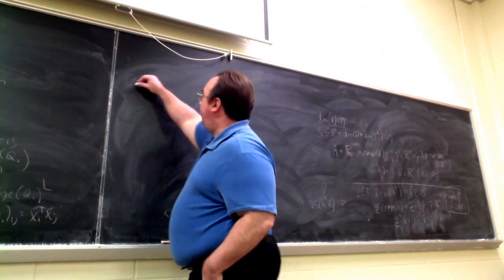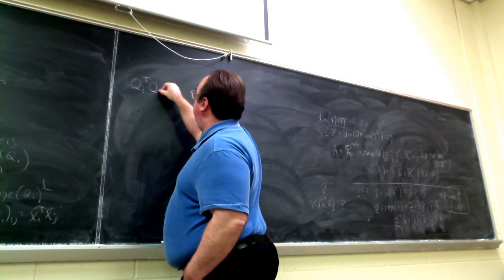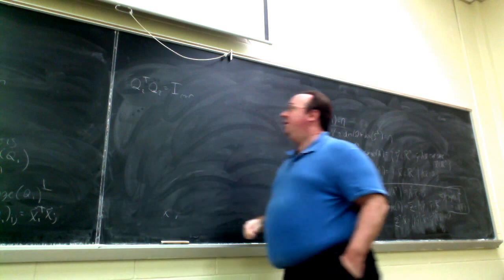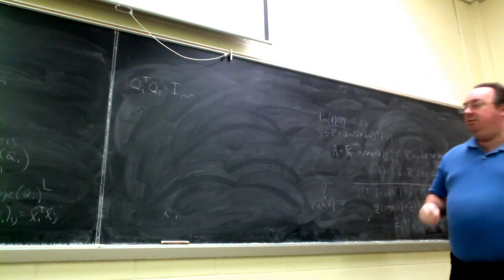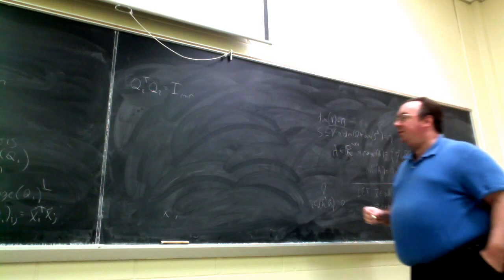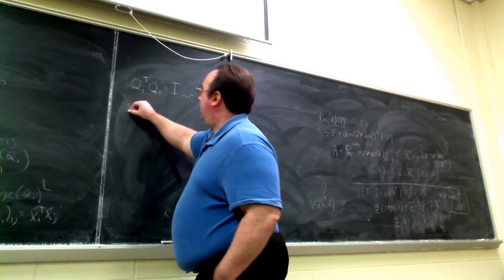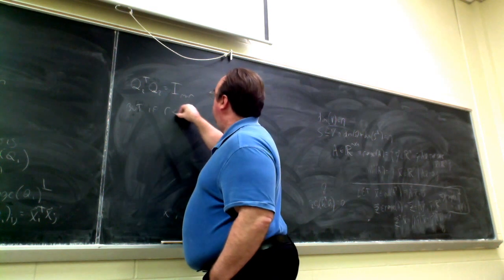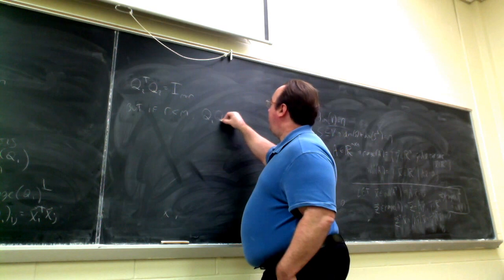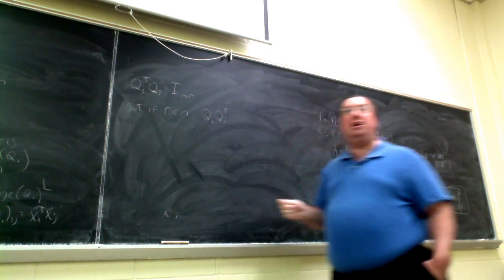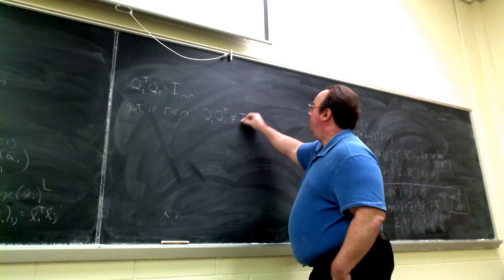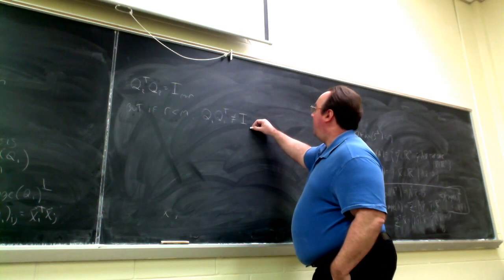Similarly, I can say that Q2 transpose Q2 is the identity matrix, just of a different size, m minus r, again because of the orthonormality of the columns. However, if r is strictly less than m, Q1 Q1 transpose, the outer product, generally is not the identity.